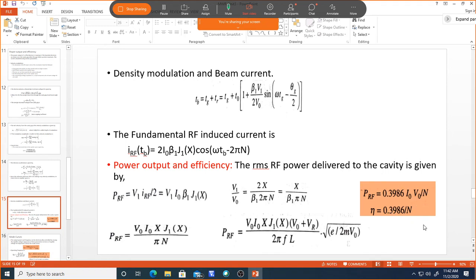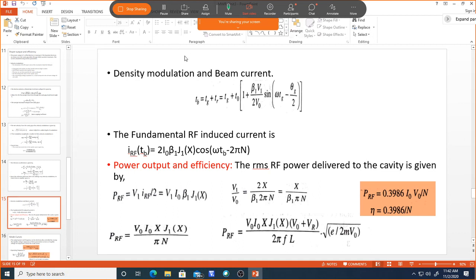Okay, so as I said, the 3 by 4th mode will not give very good power, because the time taken by the electrons is very less. That's why we take the lowest mode as n equal to 1 by 3rd.